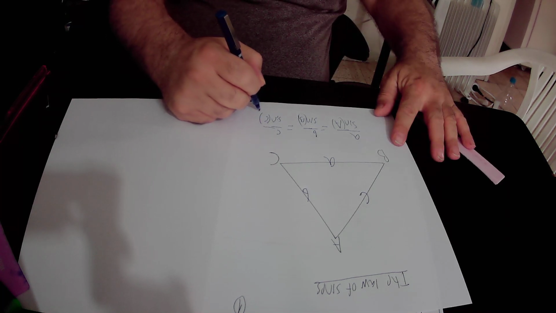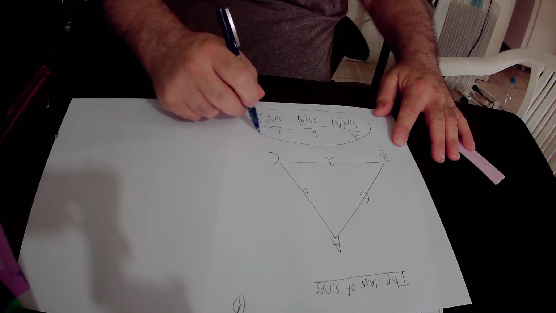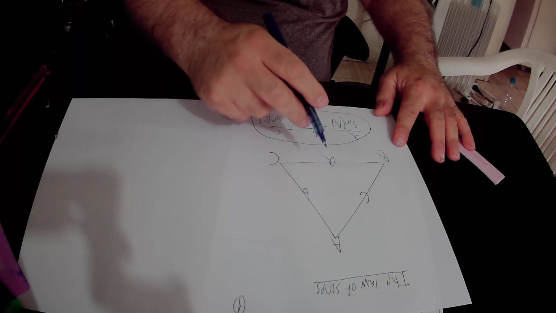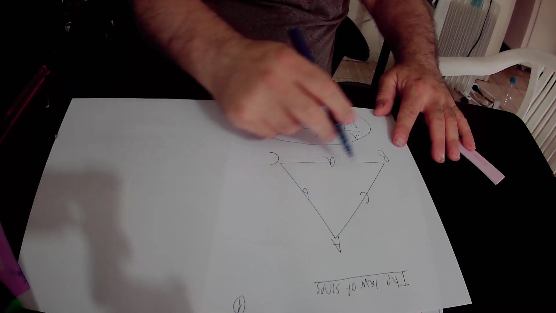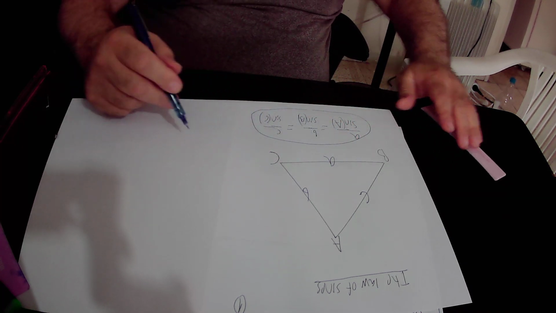So in any triangle, according to the law of sines, A over sine A equals B over sine B equals C over sine C.